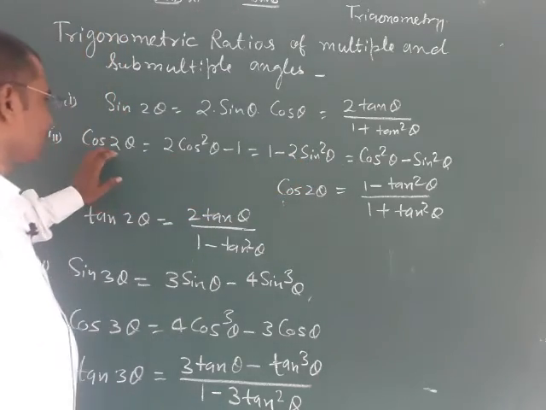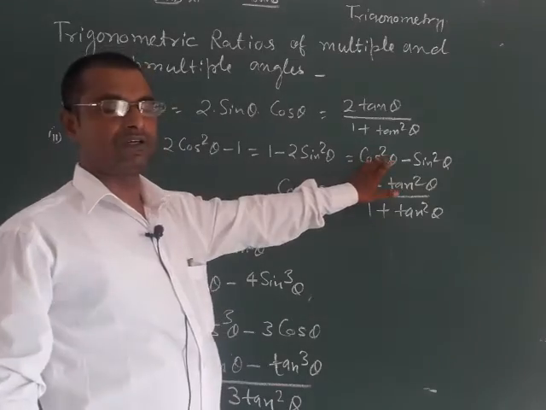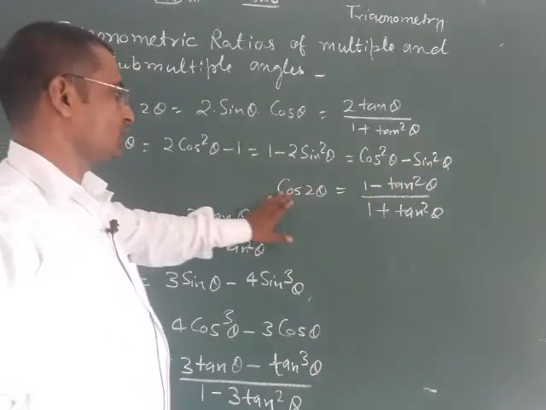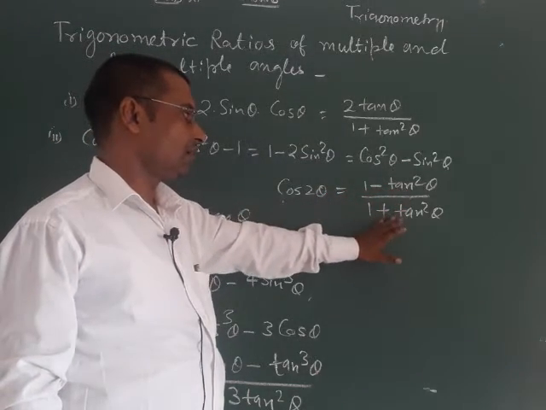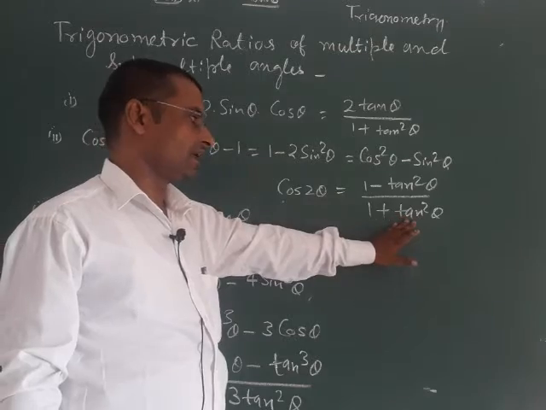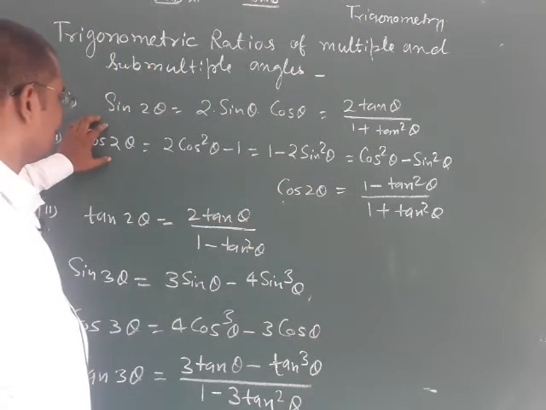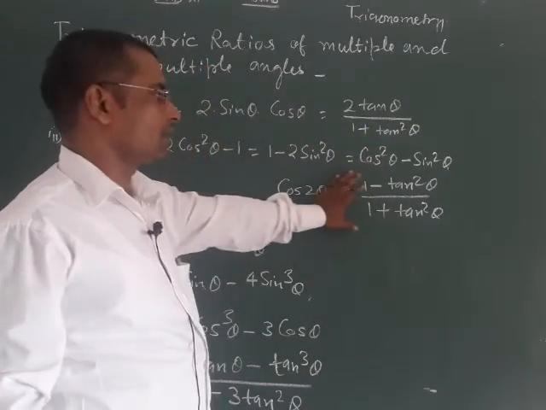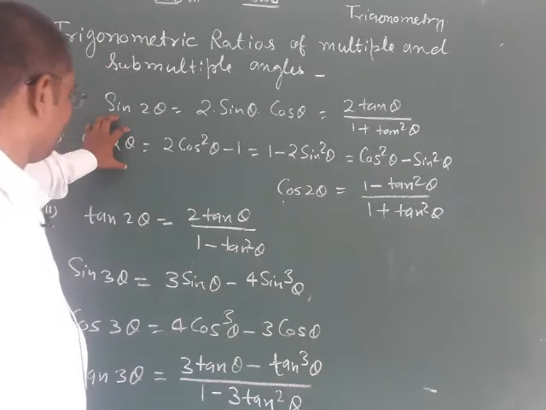And cos 2 theta is equal to cos square theta minus sin square theta. And cos 2 theta is equal to 1 minus tan square theta upon 1 plus tan square theta. So there are 4 formulas of cos 2 theta.